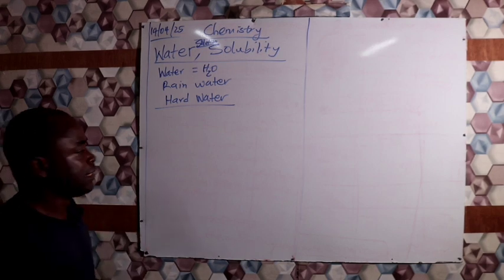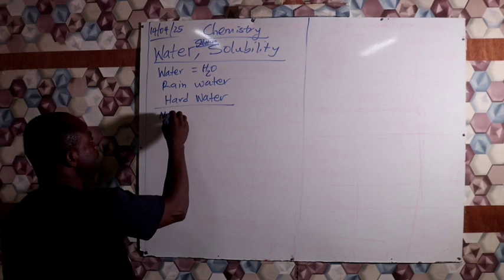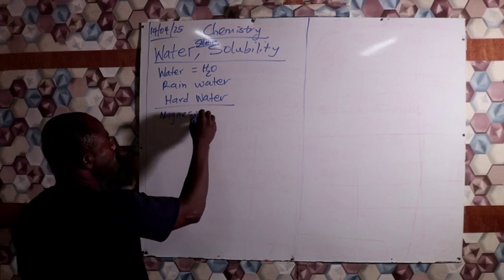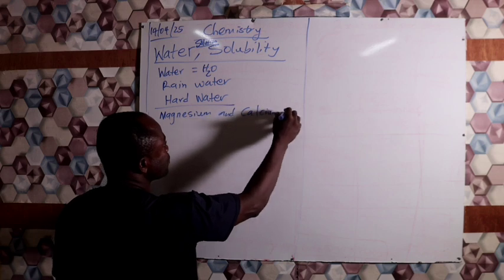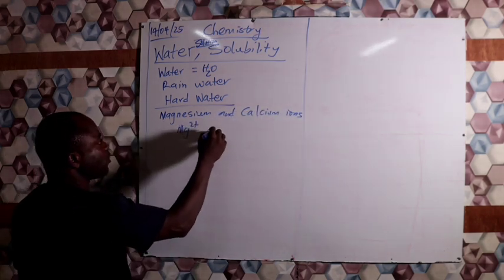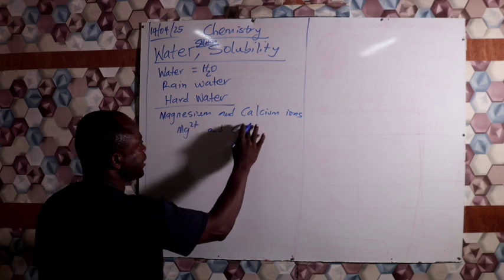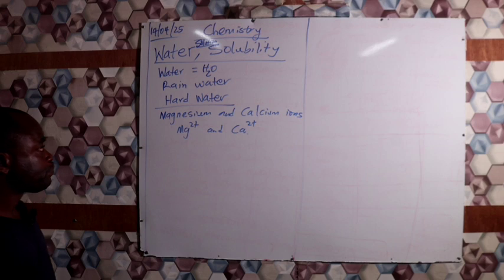And usually, the hardness of water is caused by magnesium and calcium ions. These are the ions that cause hard water.